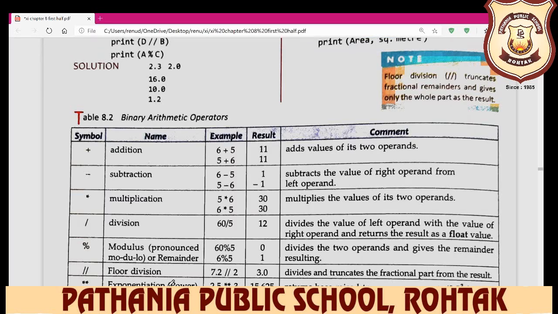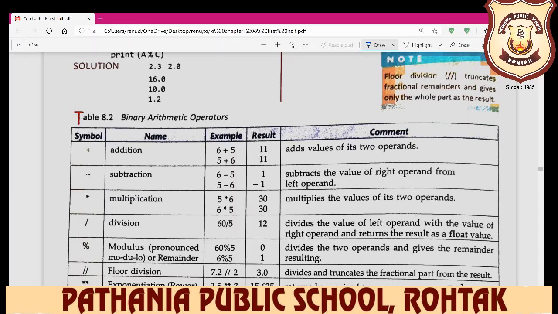So you know 6 plus 5, for example, is always 11, and subtraction 6 minus 5 is always 1. Multiplication, 5 multiply 6 is equal to 30. Division, 12 divided by 5, and for modulus, 6 mod 5 is 1.